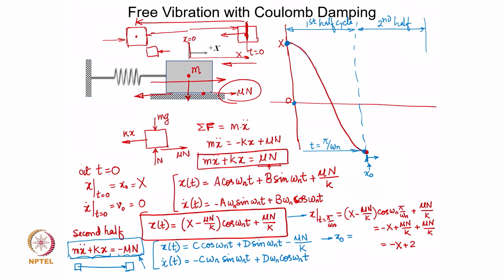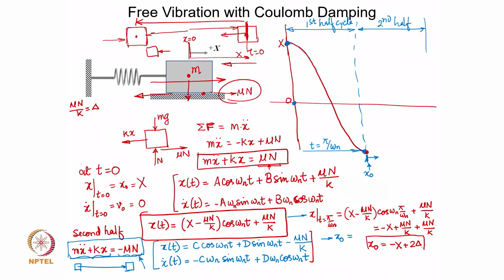Now, we are going to make use of this mu n over k many number of times. So, what I will do is I am going to represent mu n over k by this delta sign, so that it becomes convenient for me to keep writing those terms. So, assuming that delta represents mu n over k, minus x plus 2 delta is my response x naught now for these two equations.